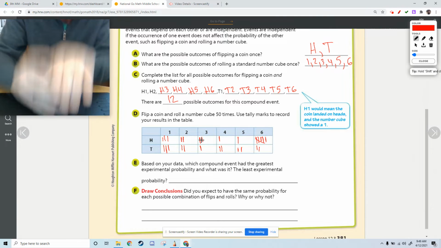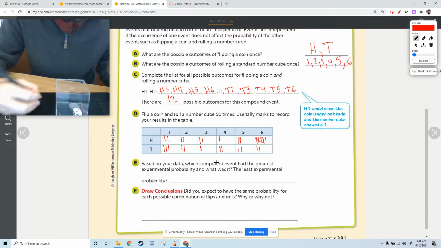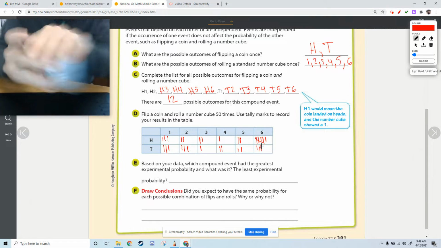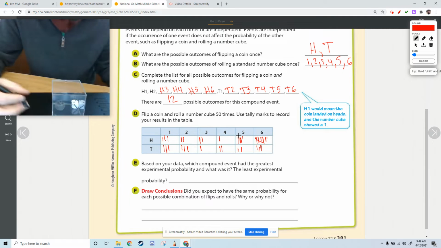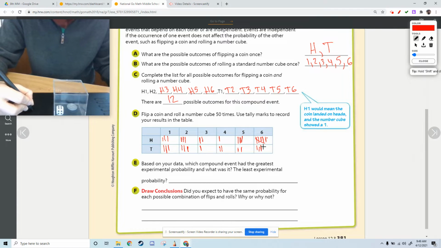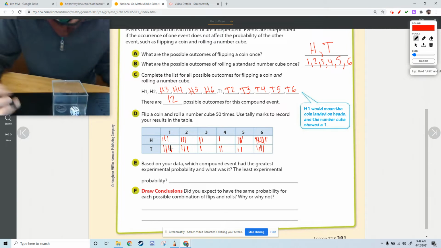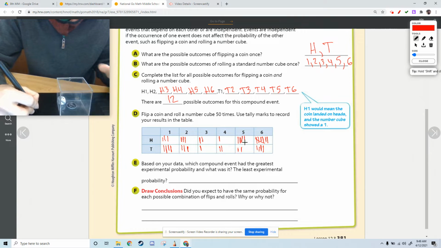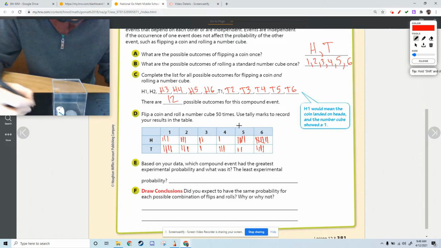Another 3 heads. 5 heads. 2 tails. 6 tails. 5 heads. 2 heads. 6 tails. 1 tails. 6 heads. 5 heads. 4 tails. 2 tails.